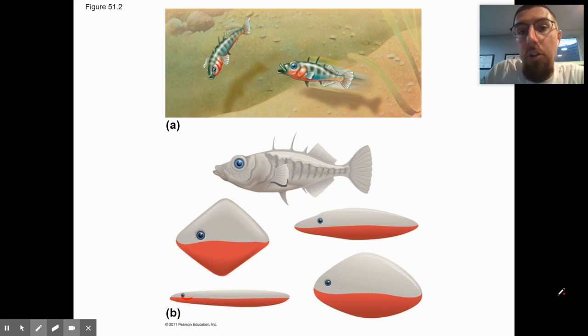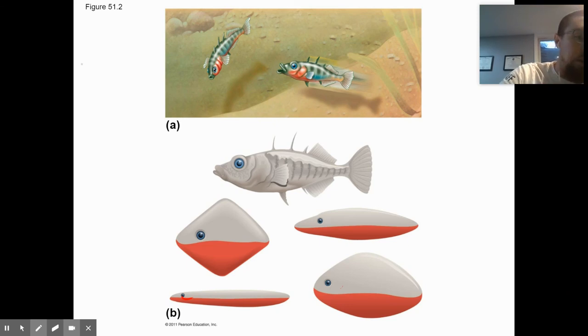But some behaviors are learned. Okay, and those involve being exposed to some kind of stimulus in the environment. The first kinds of behaviors, again, we're going to look at here are innate behaviors.